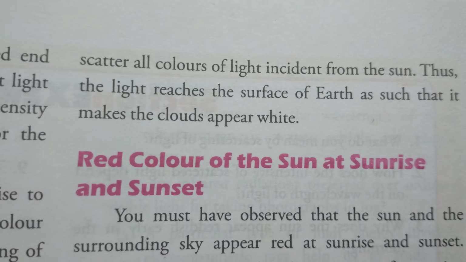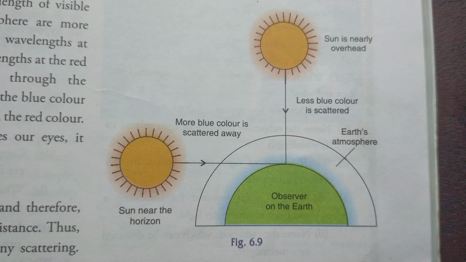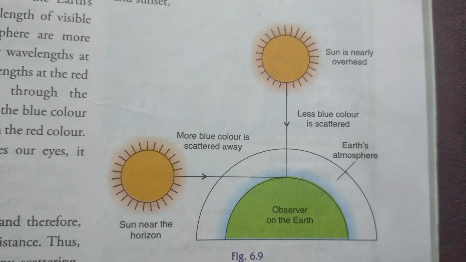So the next question: why is the color of our sky reddish orange during sunrise and sunset? That is, the red color of the sun at sunrise and sunset is easily understood from this diagram. You see, during sunrise or sunset, the sunlight travels through the maximum portion of the atmosphere.